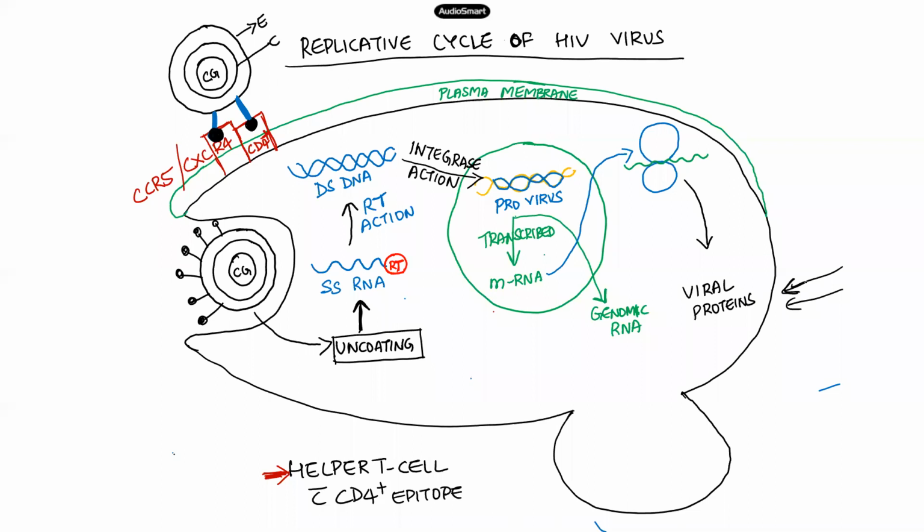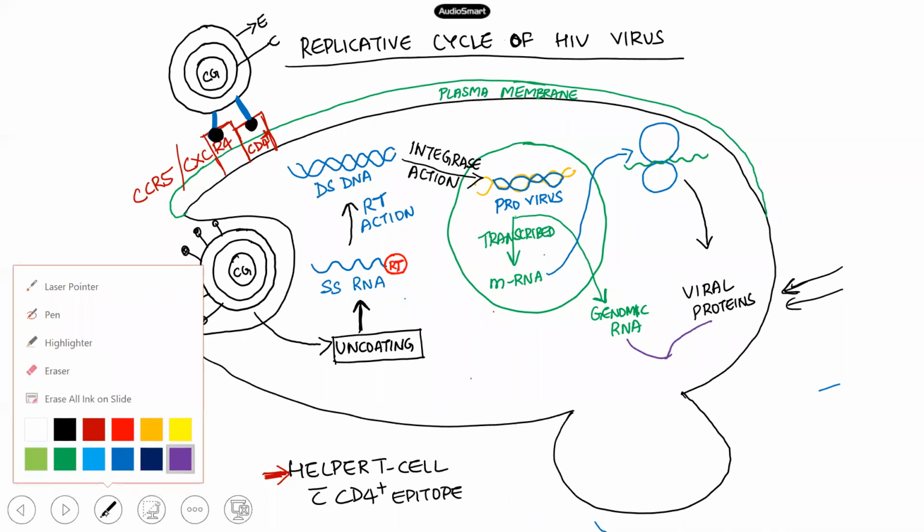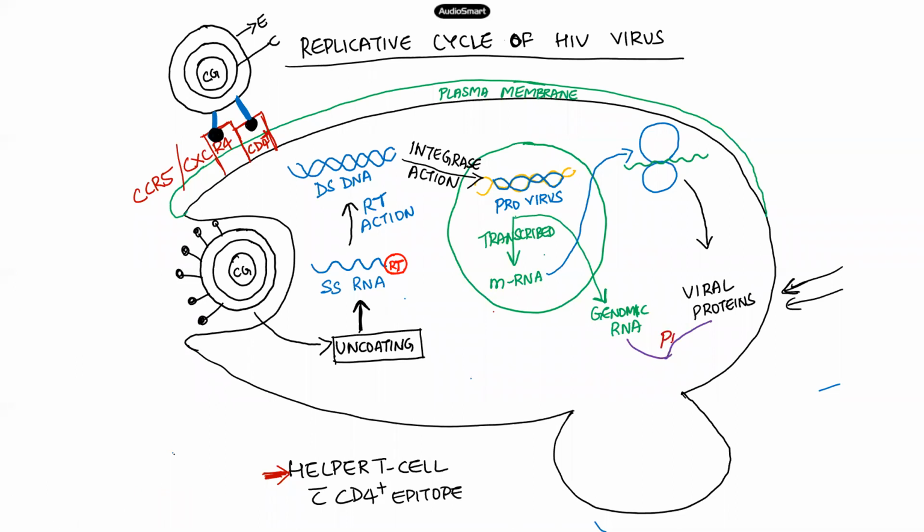Now, this whole process of the genomic RNA interaction and the production of viral proteins is caused by a viral protease enzyme. So over here, this genomic RNA and the viral proteins get bombarded with protease enzymes, which are also unique for the HIV virus.